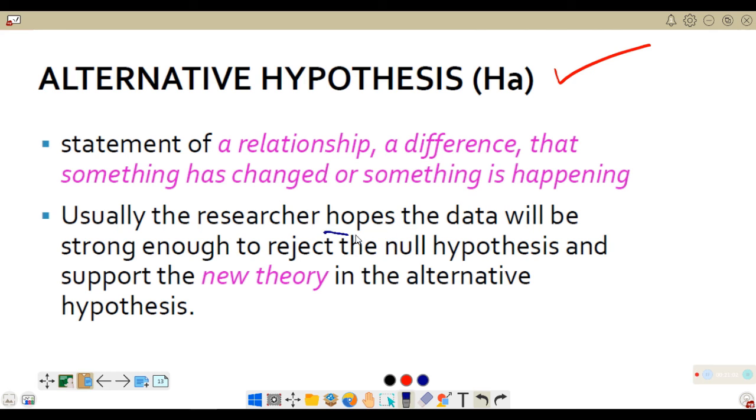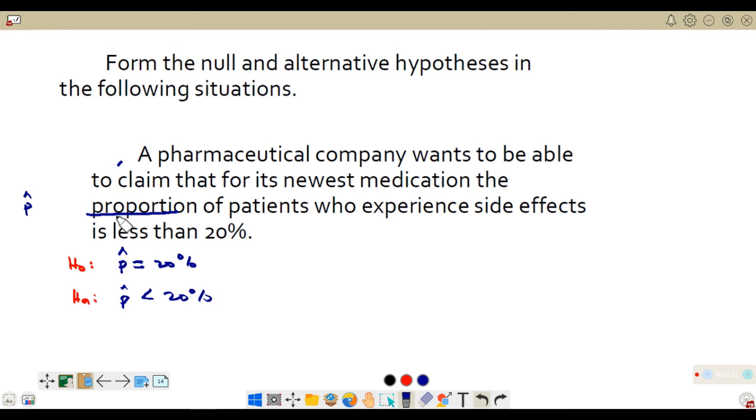They hope the data will be strong enough to reject the null hypothesis and support the new theory in the alternative hypothesis. So, ang theory is that the proportion of patients who experience side effects is less than 20%. So, dito siya sa alternative hypothesis. Remember, H sub O is always equal. Kasi kapag equal, no difference, no relationship, no change, nothing is happening yon. Okay?